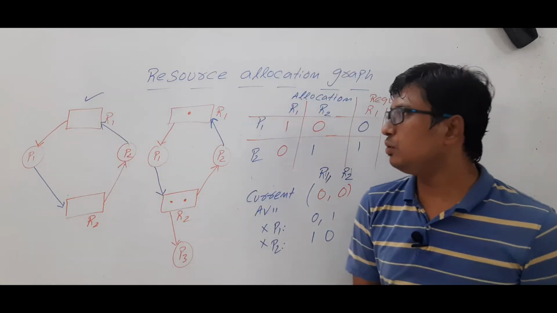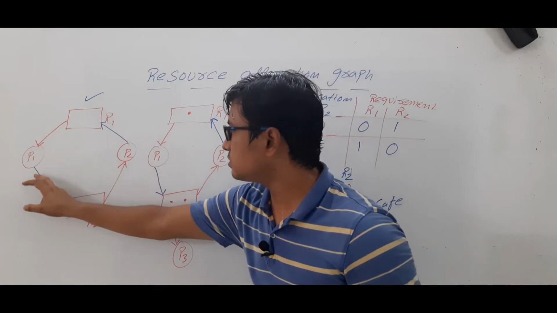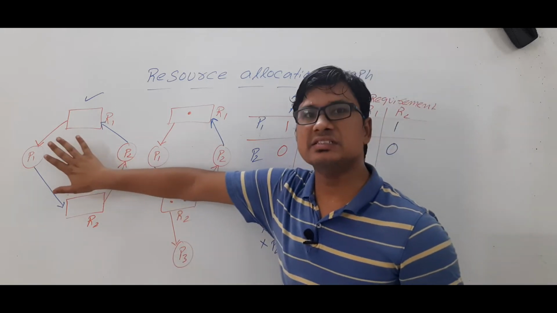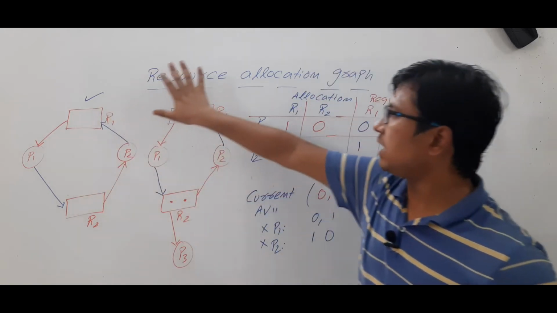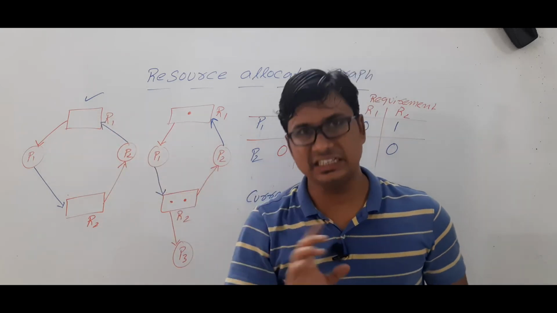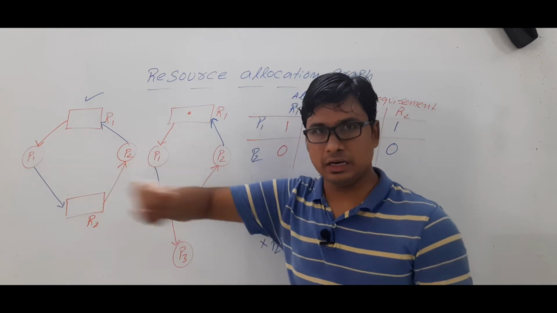Is it clear? Now look here. There is a cycle. There is an edge going like this, like this, like this. So whenever there is a cycle in a resource allocation graph, when the resources are all single instance, then we can say that it is a deadlock. Remember this point.